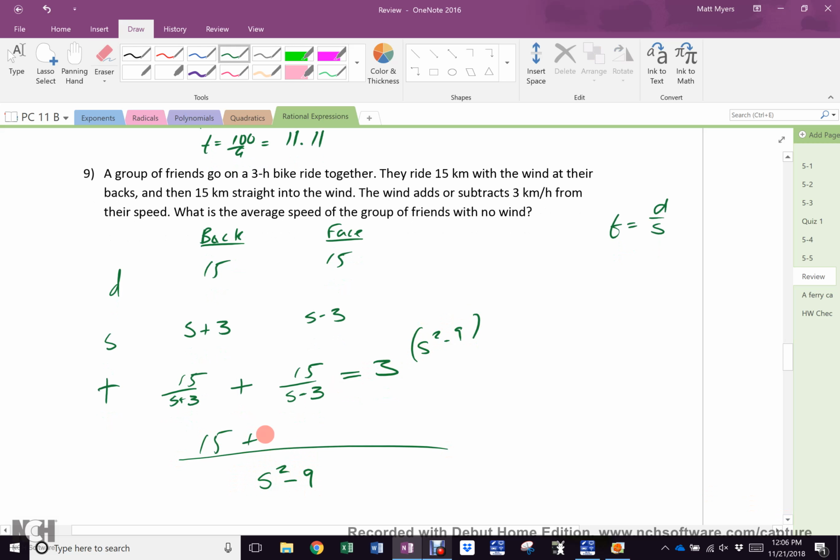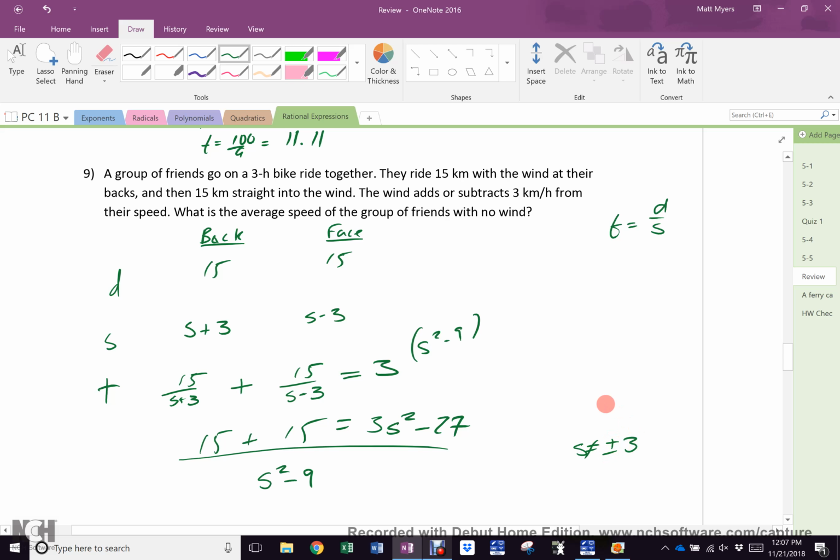So it's 15 plus 15 equals 3S squared minus 27. Now, is everything over a common denominator? So do I need it anymore? No. Or do I? Well, what can't S be? S can't be plus or minus 3. And that makes sense, yes? My speed can't possibly be 3 because then at some point I'm not moving, aren't I?